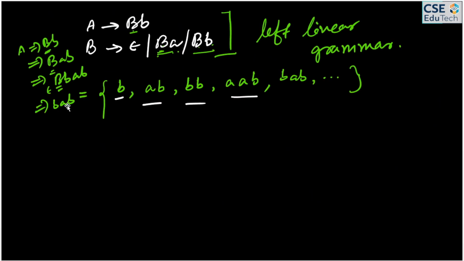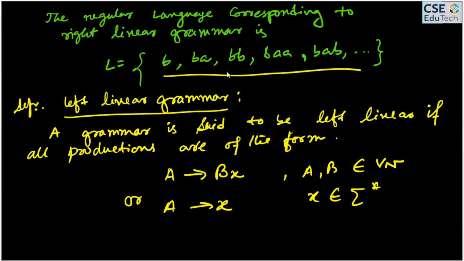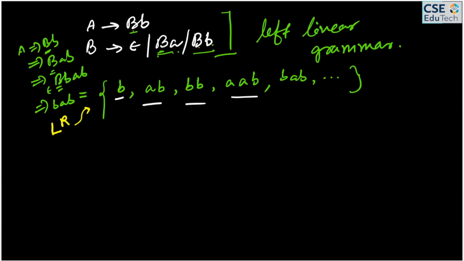So we can write it is basically the language L reversal, L of R, the language that we generated for the right linear grammar, and the language generated by the left linear grammar is basically the reversal of this language.